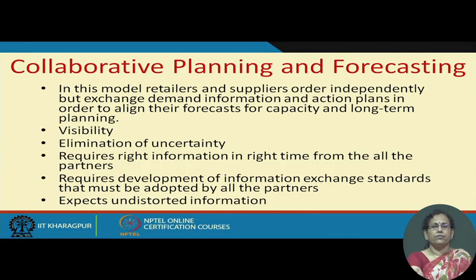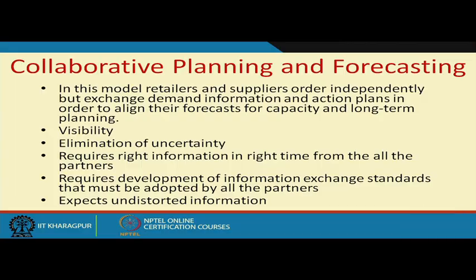Then, if there is planning level collaboration, but no inventory level collaboration, then it is called collaborative planning and forecasting. When we say there is planning level collaboration and not inventory level collaboration, we do not mean that there is no inventory information sharing.